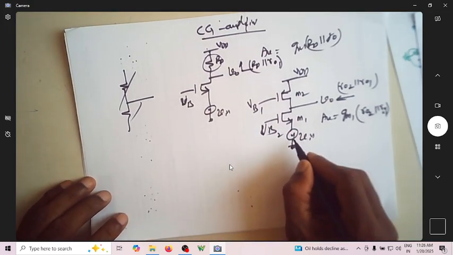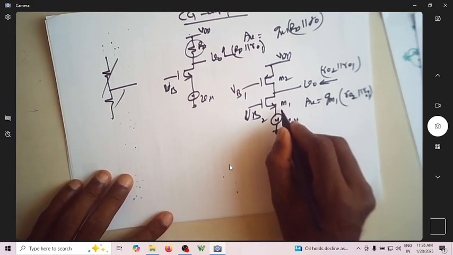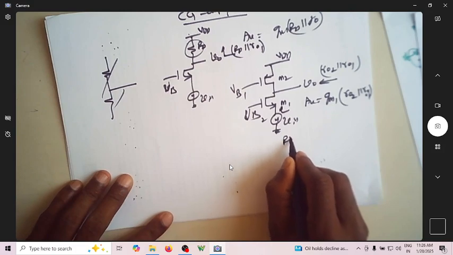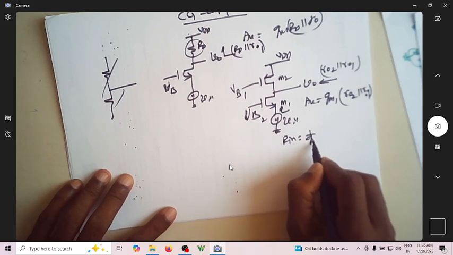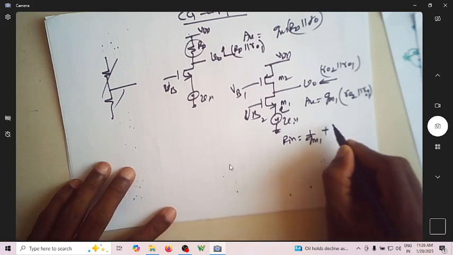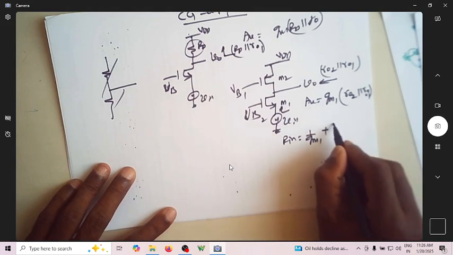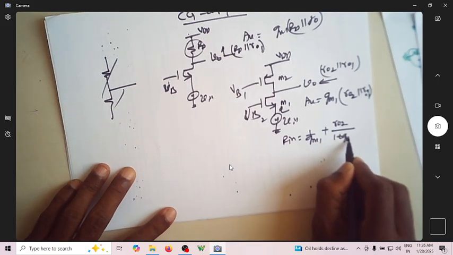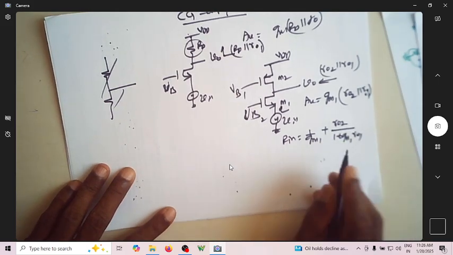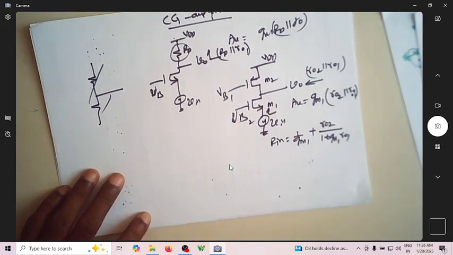Of course, input impedance is now, okay, what is Rin? So Rin now is equal to 1 over GM1 plus R02 divided by 1 plus GM1 R01. So this is the input impedance.